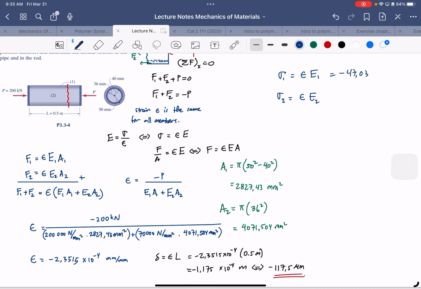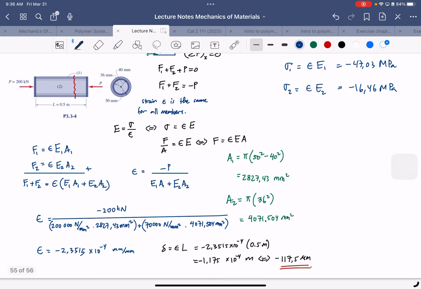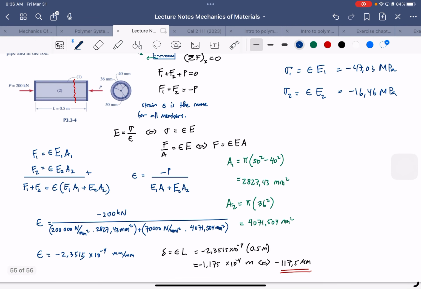The negative sign means that it is compressive. And this one is negative 16.46 MPa. But negative or positive is actually not really a big problem.